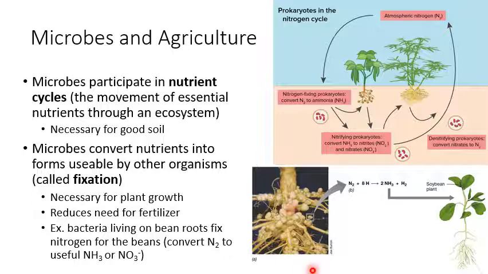They're able to take nitrogen N2 from the atmosphere and convert it to ammonia, which can be used by the bean plant. So you would have N2 penetrating into the soil all around the root system. The plant can't use that. But the nitrogen is going to go into these little balls, and the bacteria that live in there will turn it into ammonia, and then the roots will take that ammonia up and the plant will use it.